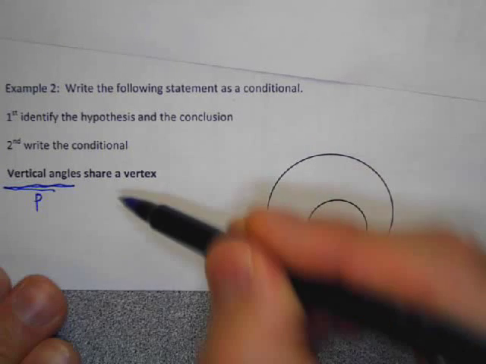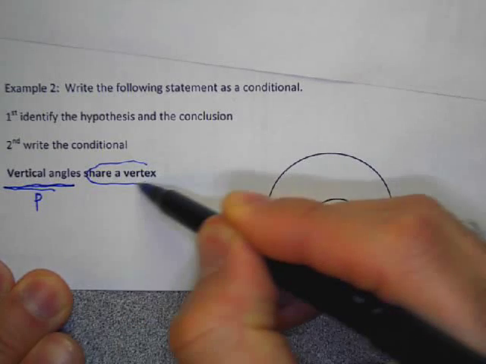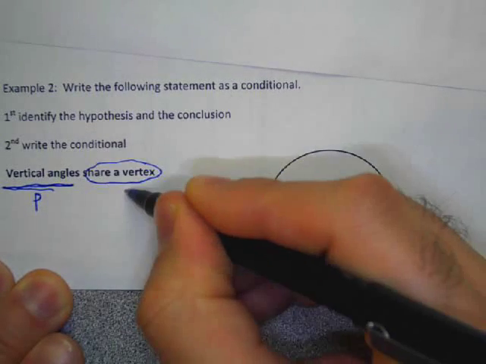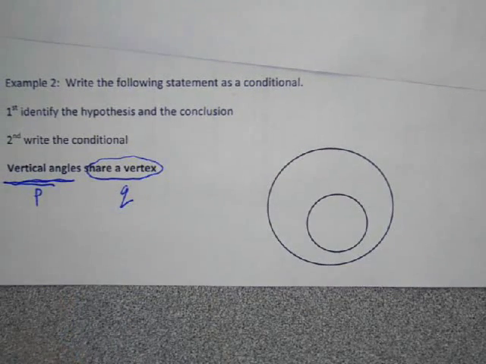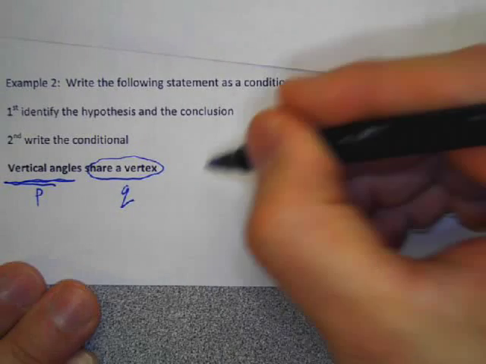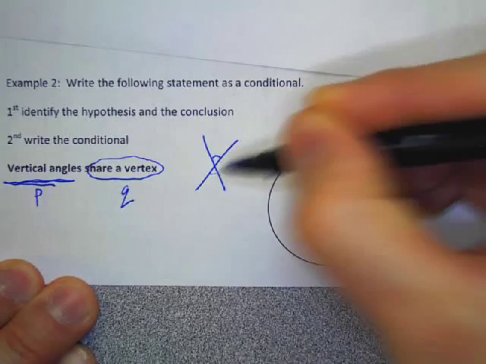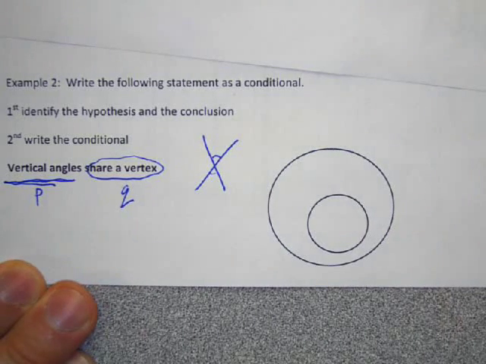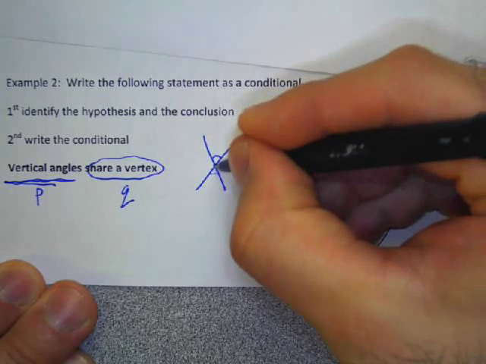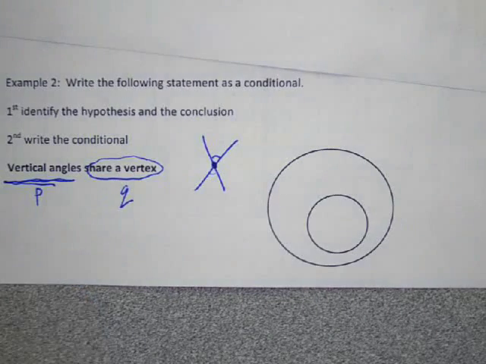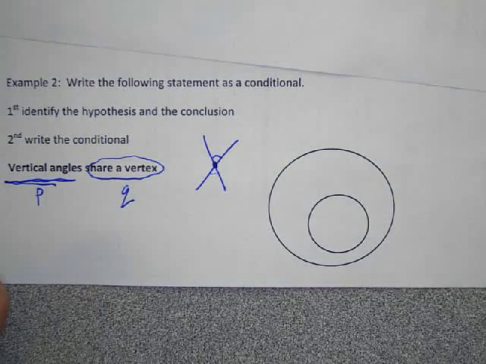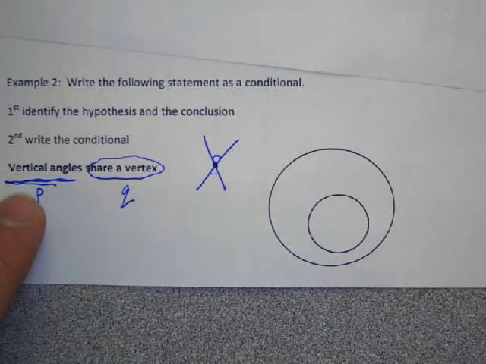Let's draw a diagram to remind us what vertical angles are. If I have vertical angles, then they share a vertex right here. So I identified my hypothesis, P, the vertical angles, and my conclusion, that they share a vertex.